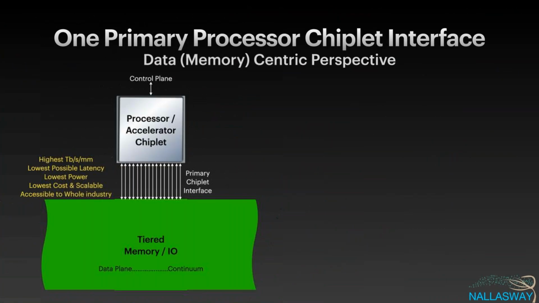I'm focused on the one primary processor chiplet interface, and we've got lots of different interfaces, but this has been where I've been coming from a memory-centric perspective. In memory and I/O, at the end of the day, distant memory is really I/O attached, so they're one and the same in my mind.